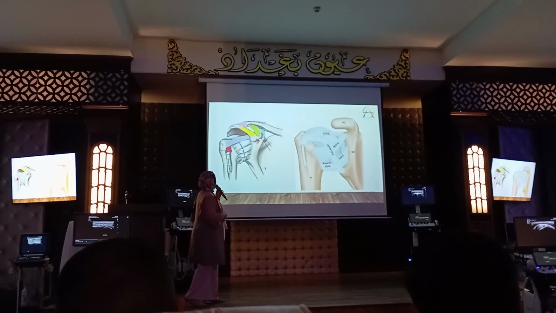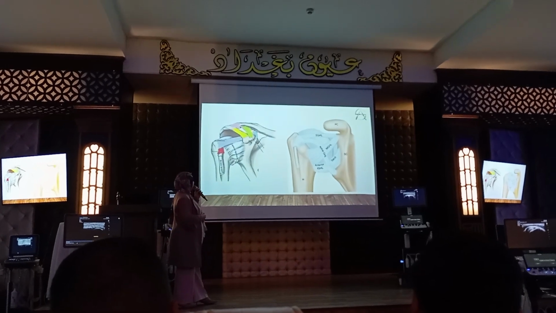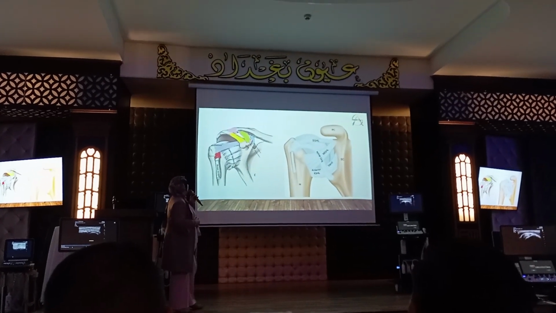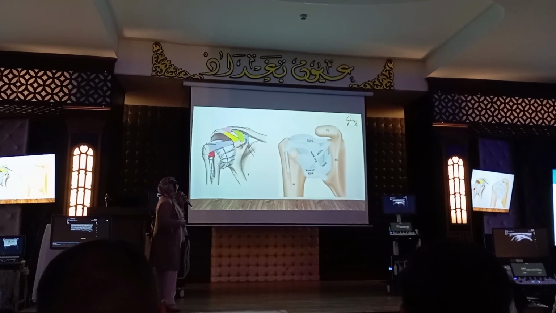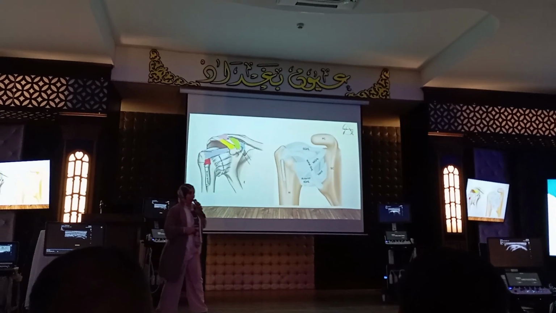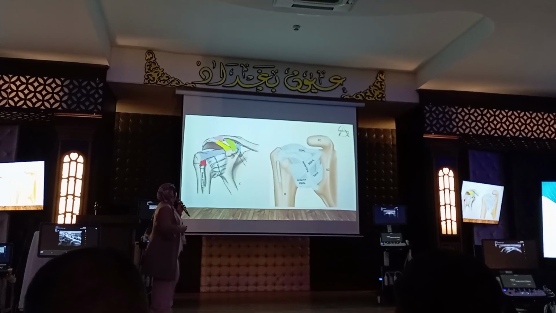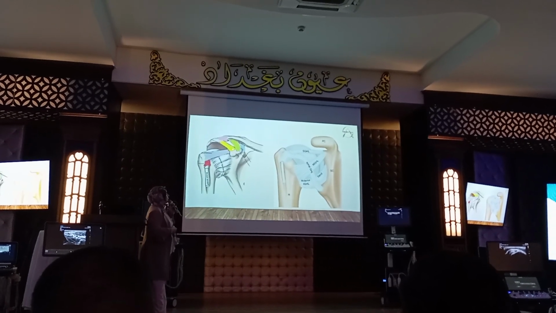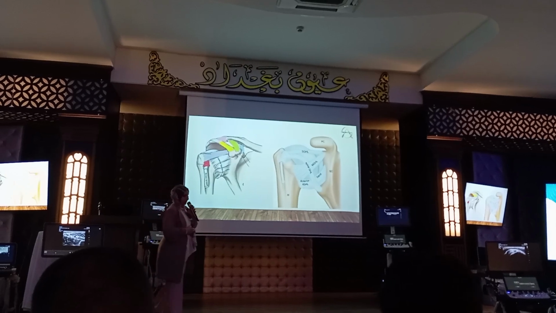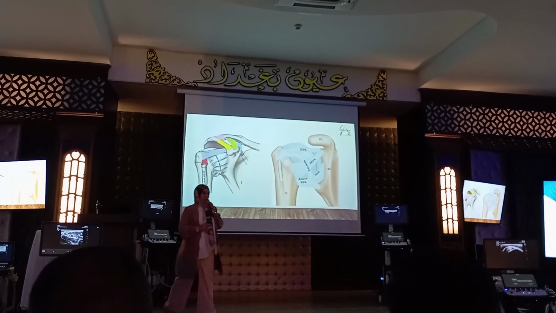Another ligament passes between the coracoid process and the clavicle, called the coracoclavicular ligament. We have two parts, medial and lateral. The medial part is called the conoid part, and the lateral part is called the trapezoid part. The medial part is most important. Why?